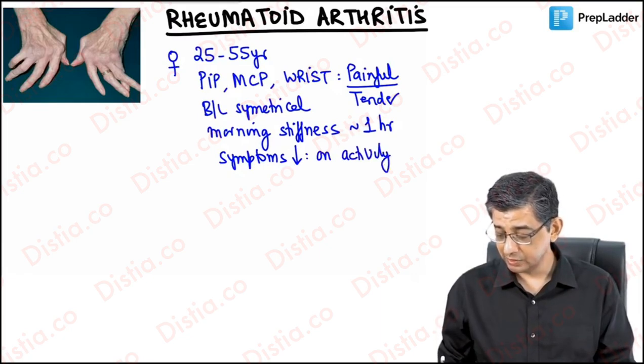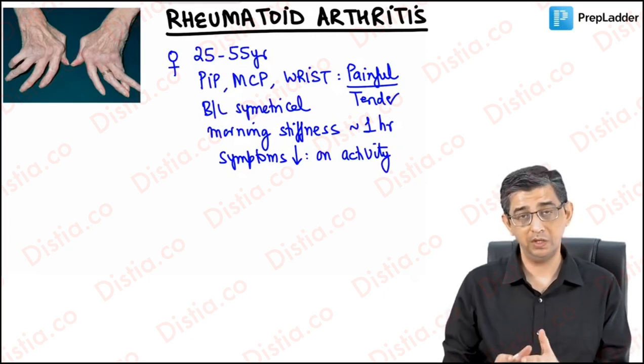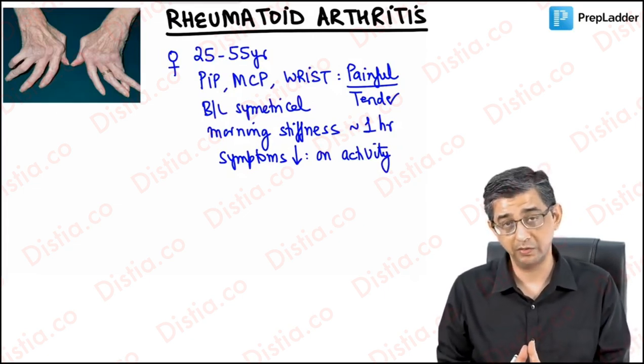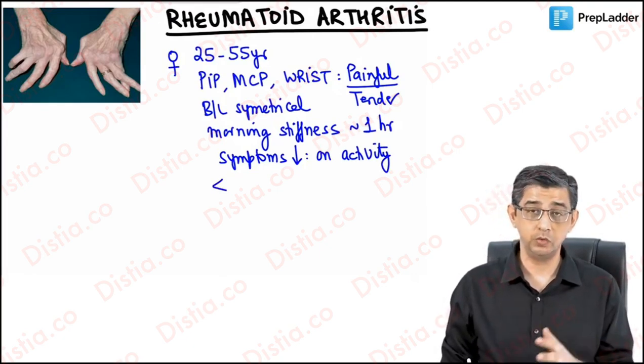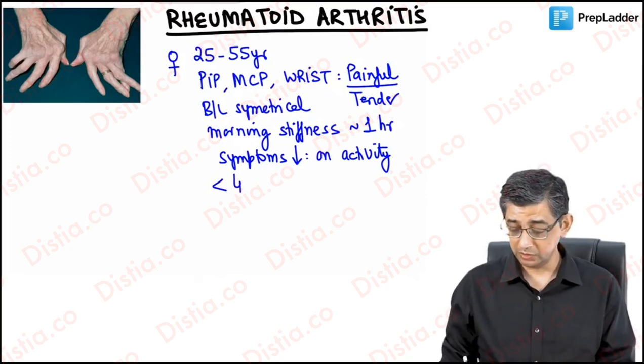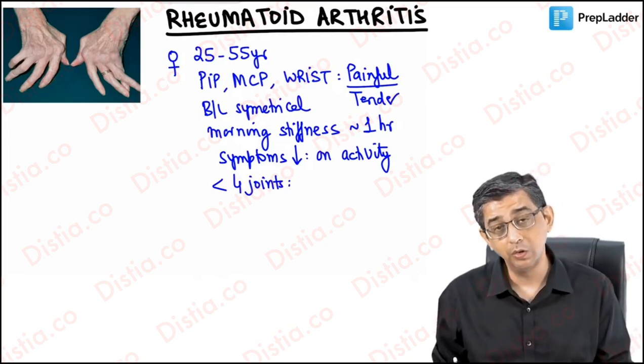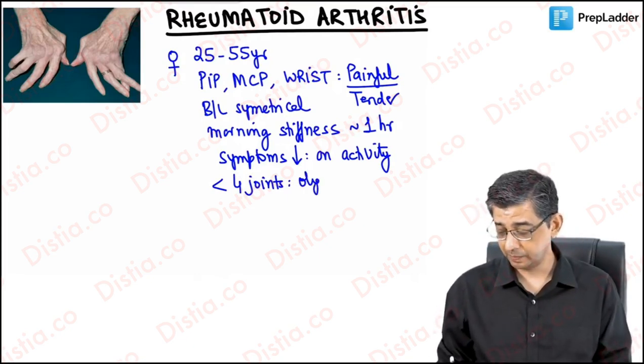So when you read these manifestations that I have written, you have to think of a question related to rheumatoid arthritis. You will also have to count how many groups of joints or how many joints overall are involved, because if fewer than 4 joints are involved, then we call it oligoarticular arthritis.